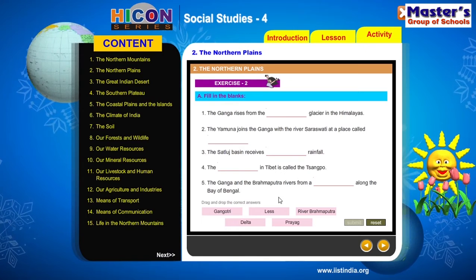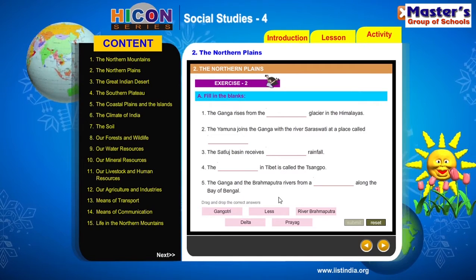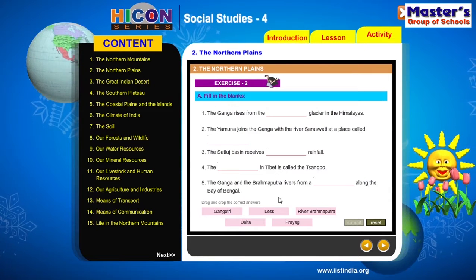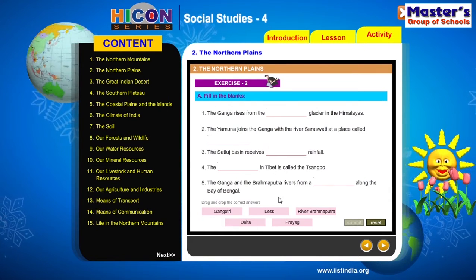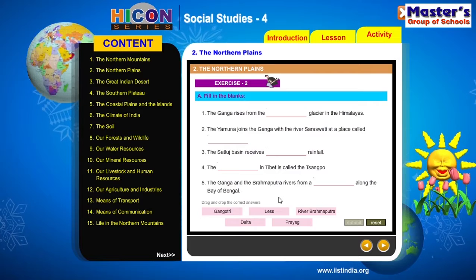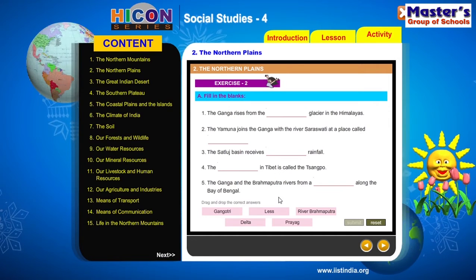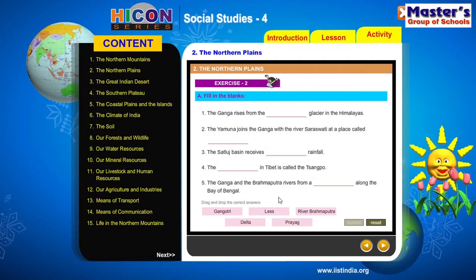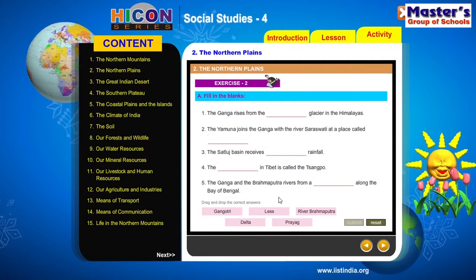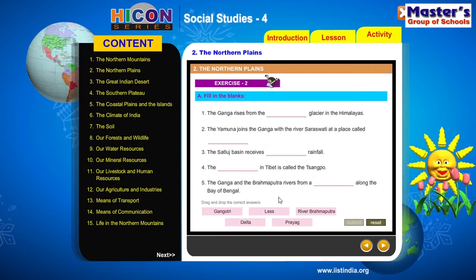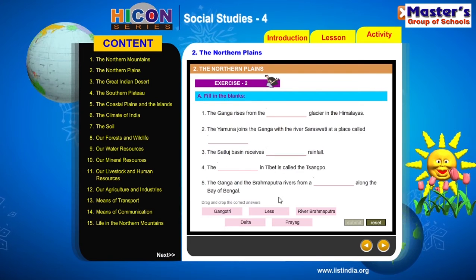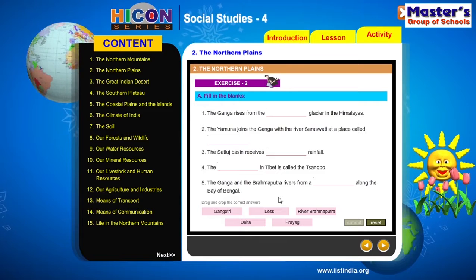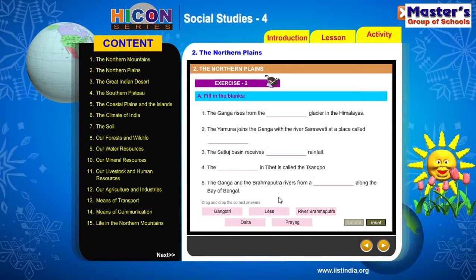While dealing with the lesson part, we have seen the major rivers in the northern plains, which include the Indus, River Satluj, River Yamuna, River Ganga, and River Brahmaputra. And the speciality of these rivers is that they originate from the Himalayas, isn't it? In the previous lesson, the northern mountains, we also saw that the rivers Ganga and Yamuna originate from glaciers, right?